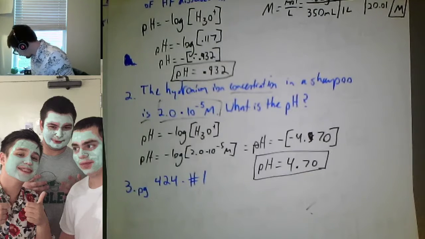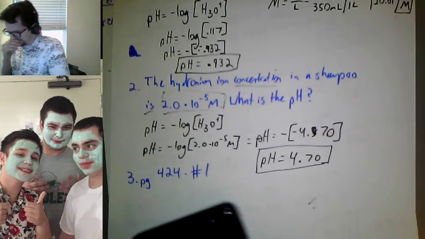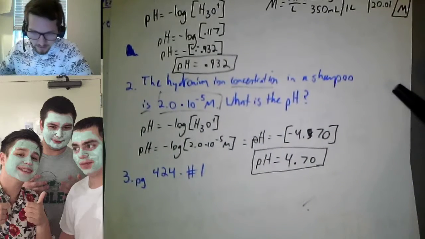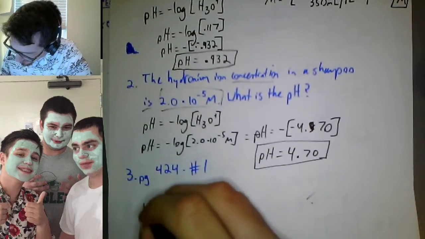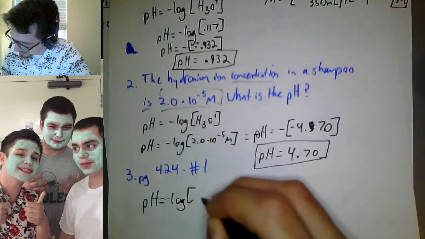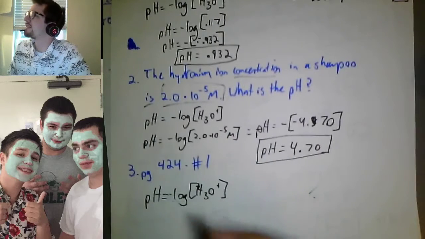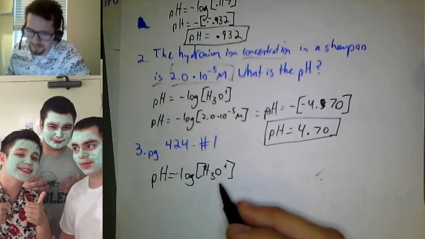424. Number 1. Okay, so number 1 said, find the pH. So I'm already going to be doing this. Some of you guys forgot to do this problem, period, even though it was written. pH equals negative log of the hydronium ion.